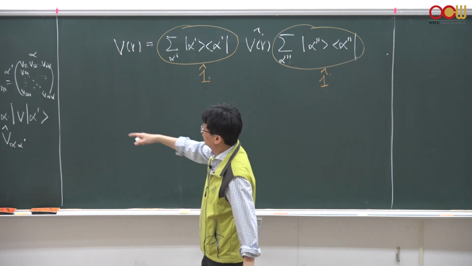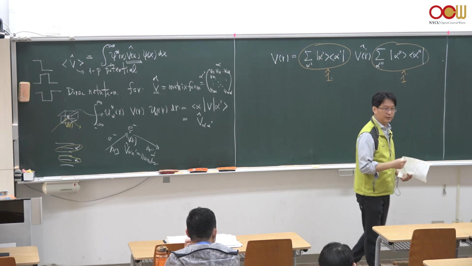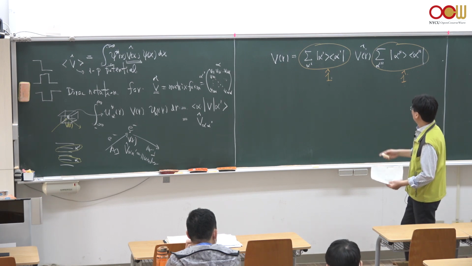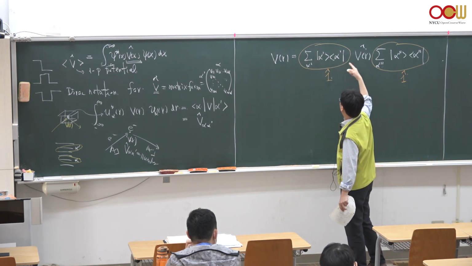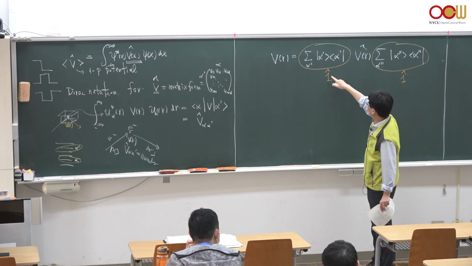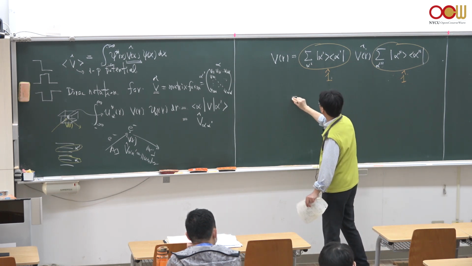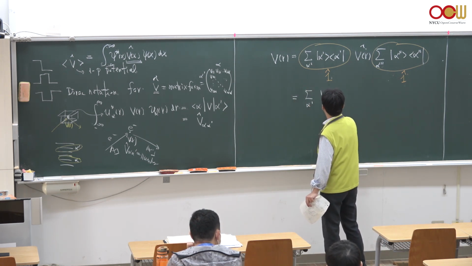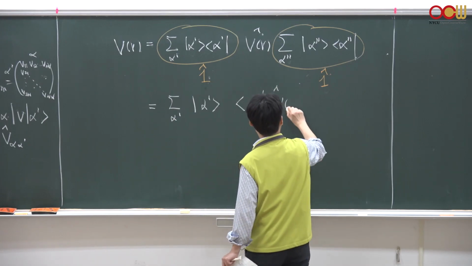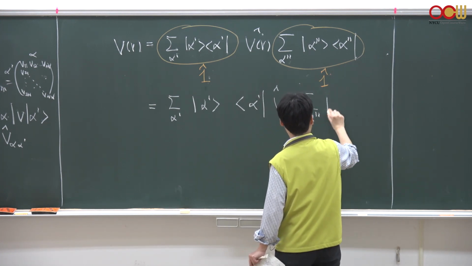As I mentioned, this V alpha alpha prime represents the matrix element of this complicated Dirac form. I can just encircle this, head-to-head, this Dirac notation in a completeness theorem, like this or like that. But I can also do it in a different way, right?